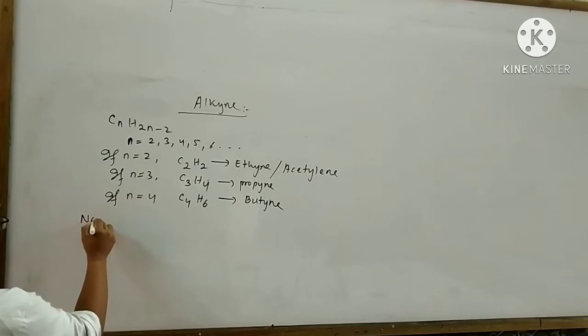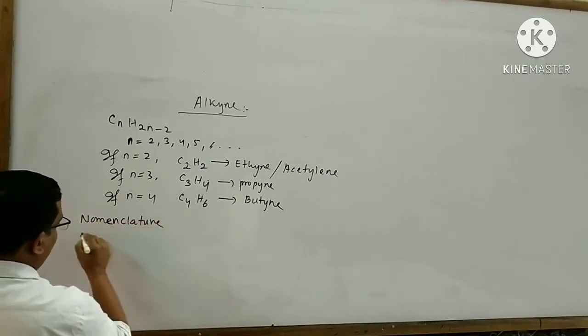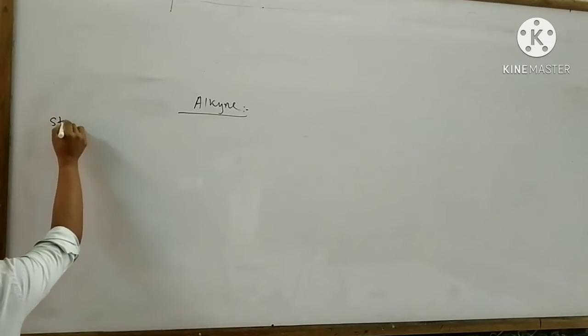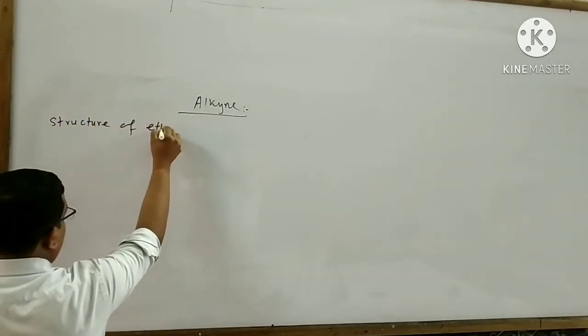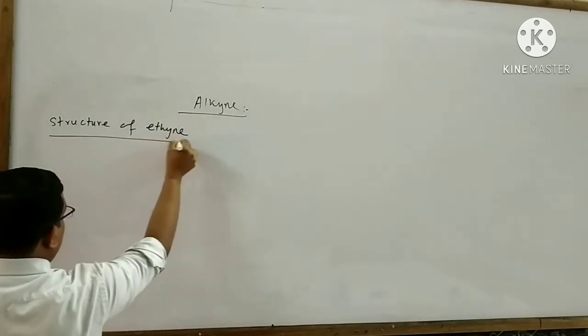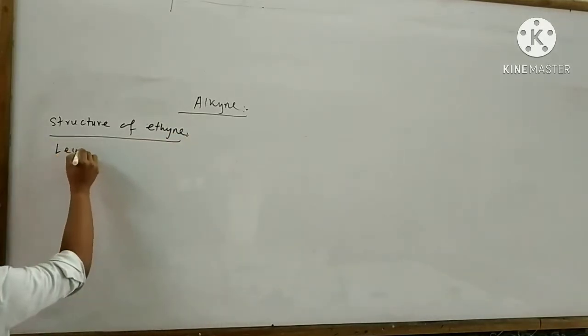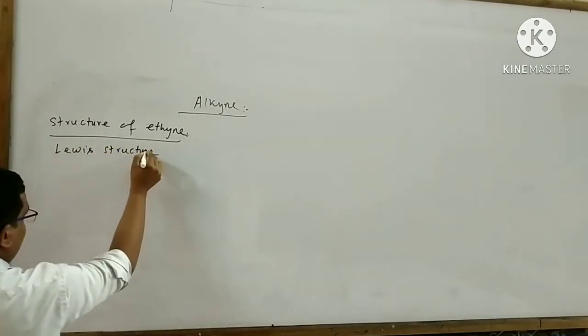Next, I will explain about the nomenclature. It is already covered in the basic concept of organic chemistry. Now I will explain about the structure of ethyne. At first, I will discuss the Lewis structure of ethyne.